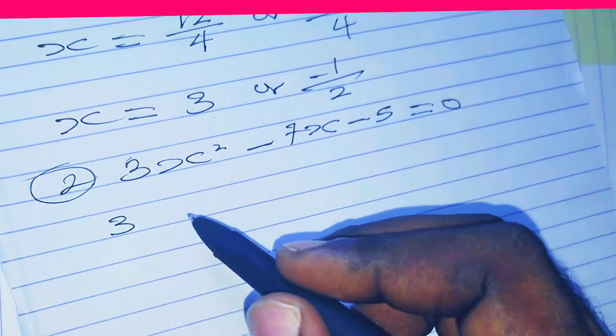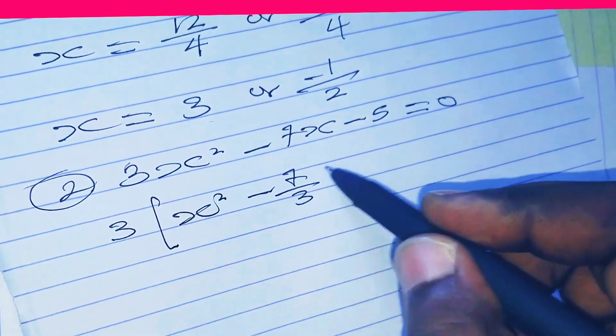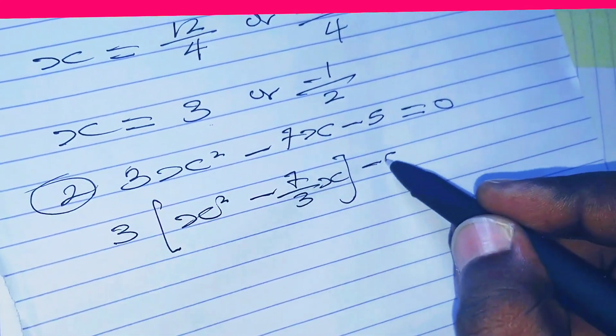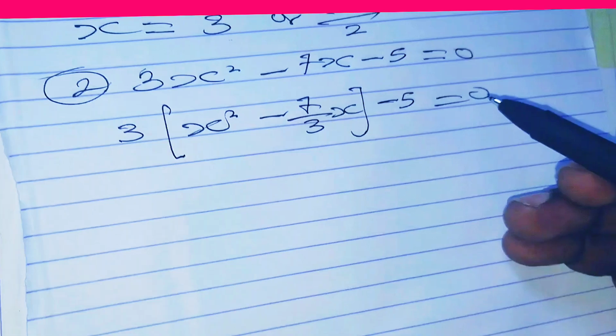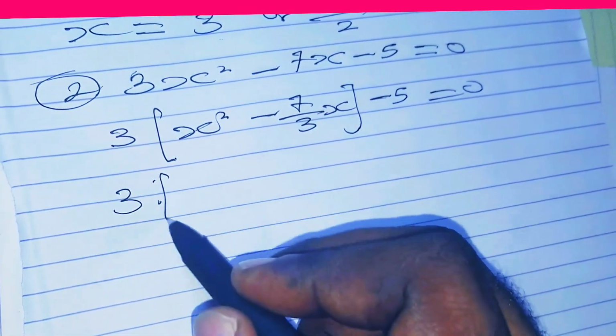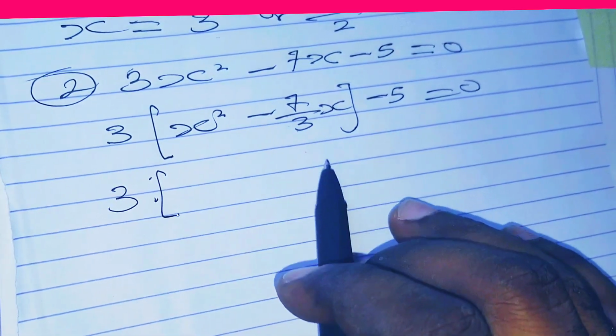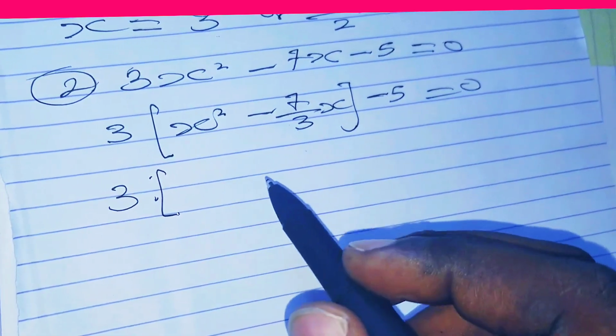And then this one is 3 in a bracket, x squared minus, of course, 7 over 3 x, and then minus 5 equal to 0. And then here is 3, and of course half of the coefficient of x, which is 7 over 3, is going to be 7 over 6.